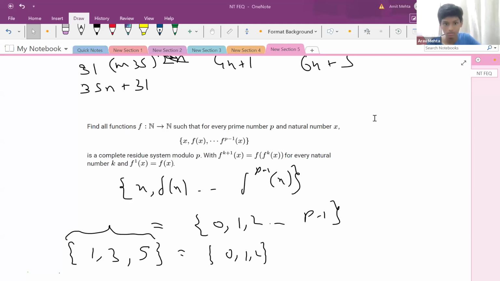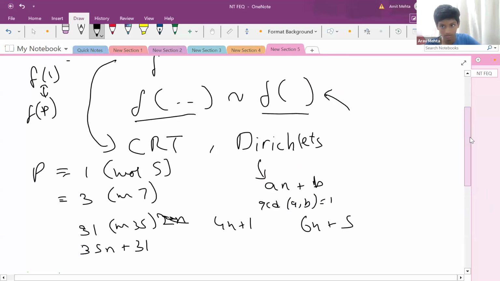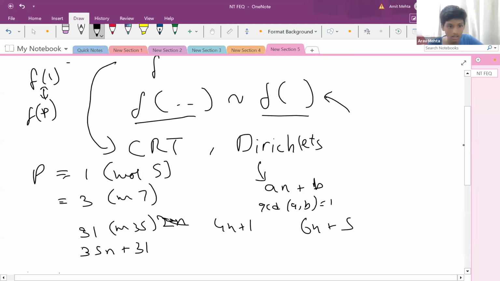Oh, so basically over here we just use CRT to compile these two pieces of information into one single piece of information. Like we wanted to find a prime p such that it is congruent to 1 mod 5 and 3 mod 7.